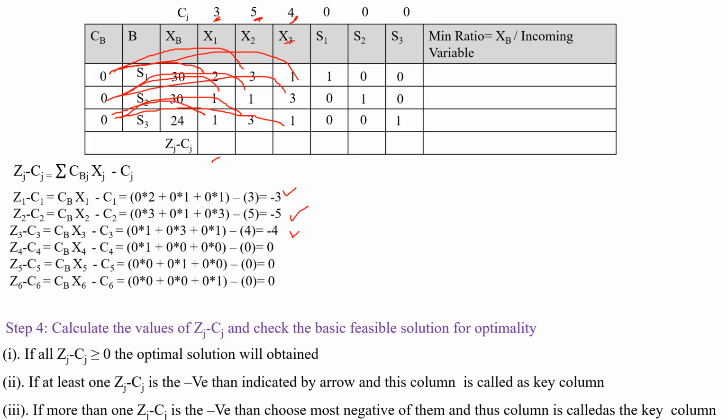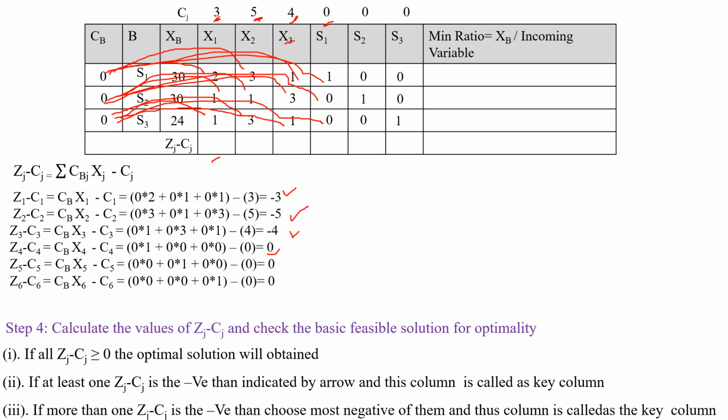Next, Z4 minus C4 for the fourth variable, that is S1, becomes 0 into 1 plus 0 into 0 plus 0 into 0 minus 0, which is 0.